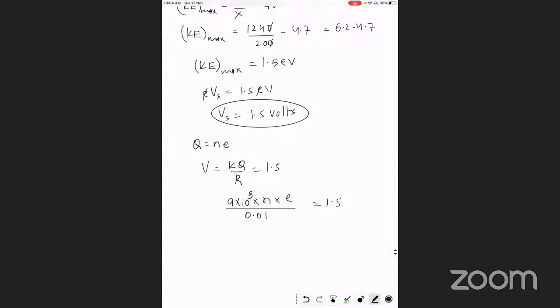So when you calculate this, you get N is equal to 1.04 into 10 raised to power 7. According to the question, N should be A into 10 raised to power Z. So Z must be equal to 7.